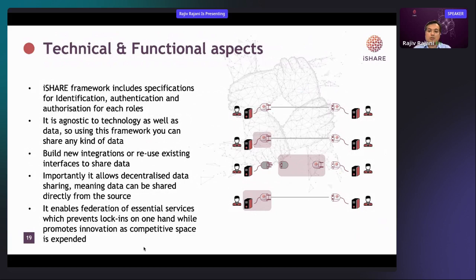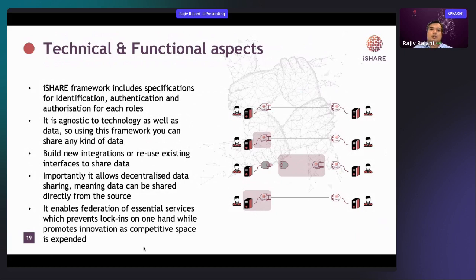So as I mentioned already, iShare specifies the specifications for identification, authentication, and authorization for each role, which basically allows you to discover each other and identify, authenticate, and authorize each other in a very standard and interoperable way.